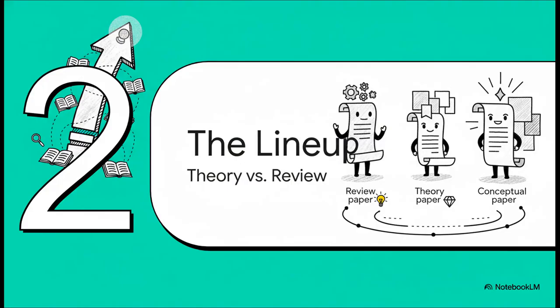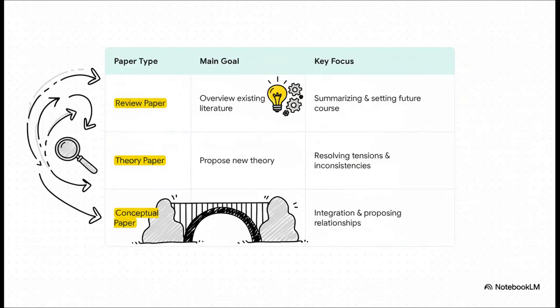So, to really get a handle on this, you gotta see how a conceptual paper stacks up against its cousins. In the world of papers without new data, you basically have three main players: the review paper, the theory paper, and our main event, the conceptual paper. They all have very different jobs. Okay, check this out. A review paper is like a historian. It looks back and tells you, here's everything we know so far.